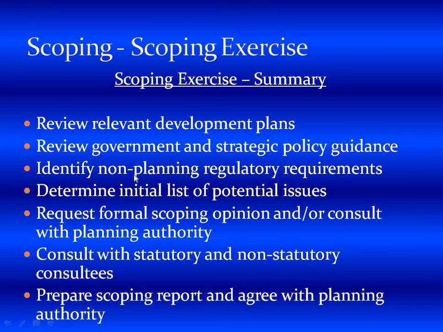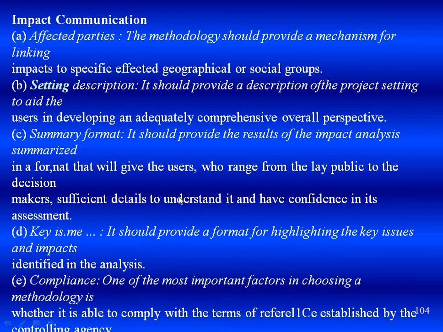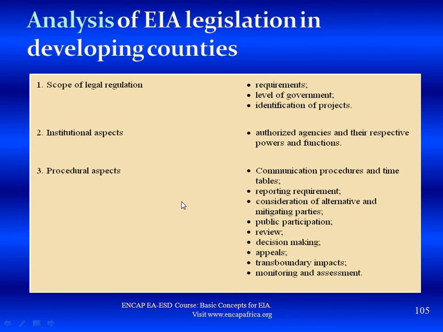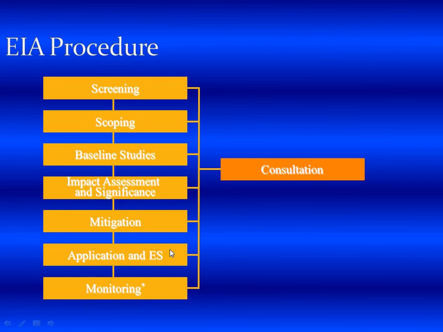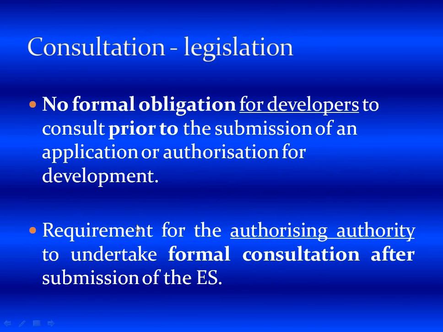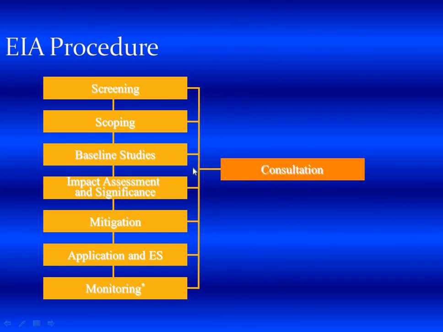Some exercises will cover that, where you can see some actual EIA projects and, from them, carry out some of these screening and scoping activities. And communications, and then baseline studies, and consultations.